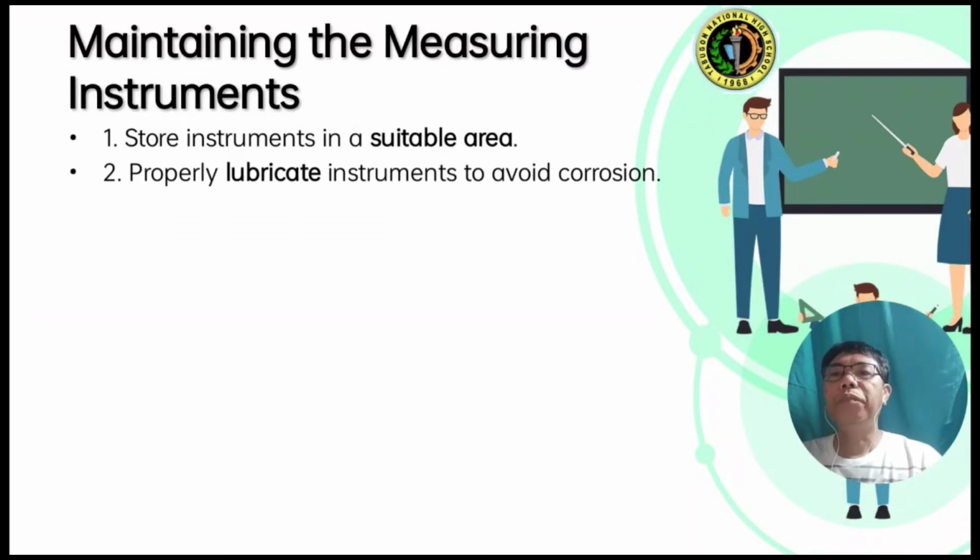Number 2, properly lubricate instruments to avoid corrosion. There are some parts of the instruments and equipment that need lubrication. Of course, you have to apply lubrication to those instruments to avoid corrosion.